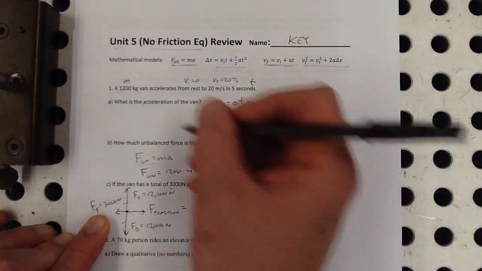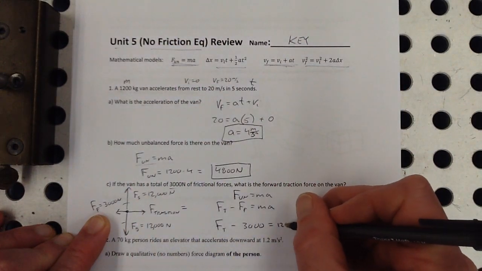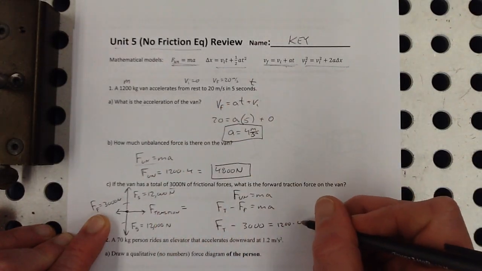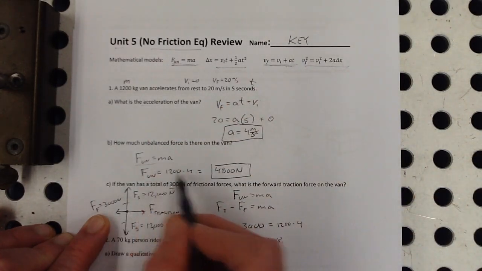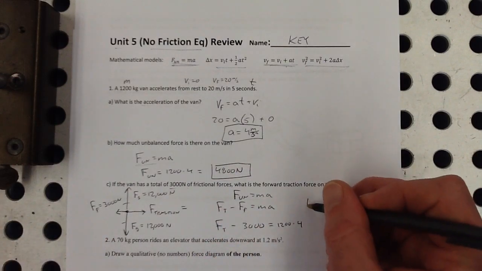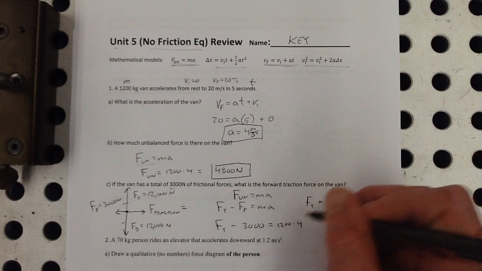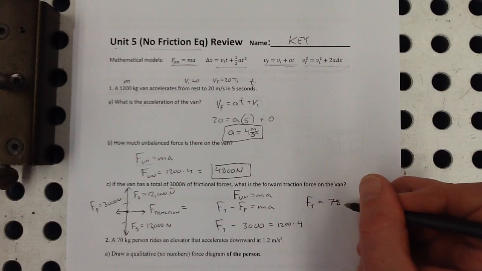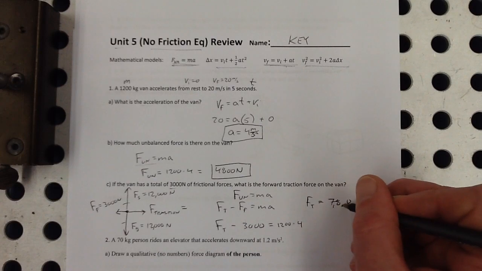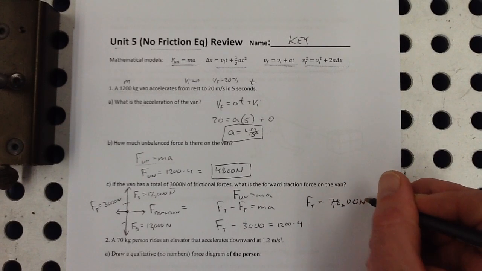The mass is 1,200 times 4. If you just went ahead and put the 4,800 right there, because we already did that, right? So that traction force, adding that over to the other side, must be 7,800 newtons.